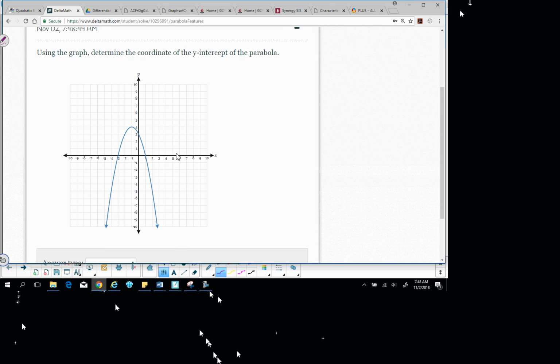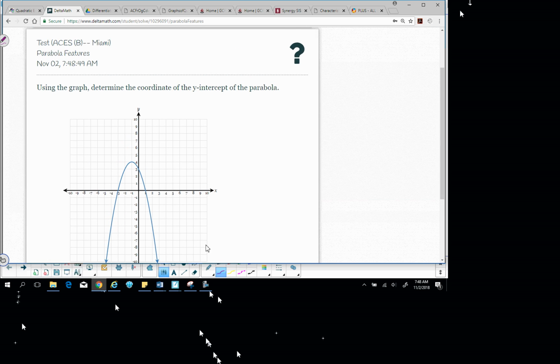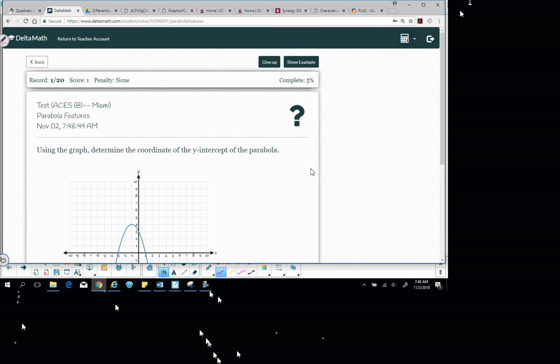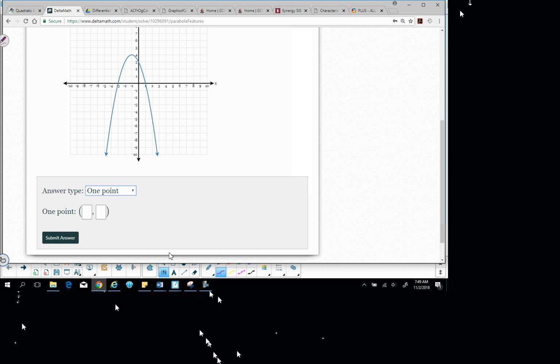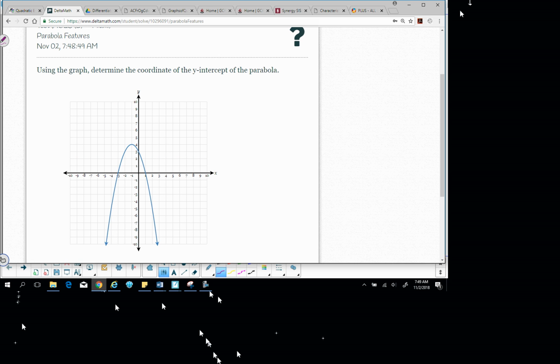This one says the y-intercept. So they're going to give you different parts of the parabola. Just make sure you're reading what they want you to give. And so y-intercept I know is 1 point. When would it be an equation? What would they be asking for? The axis of symmetry. And so it's always x equals. Cool.